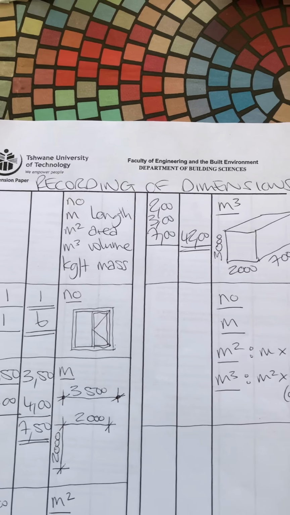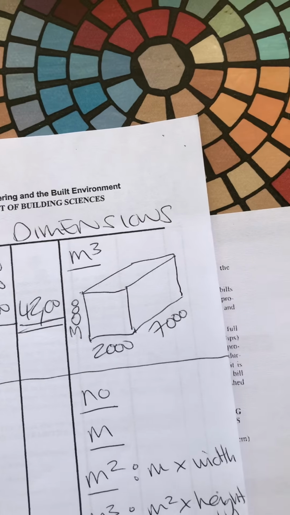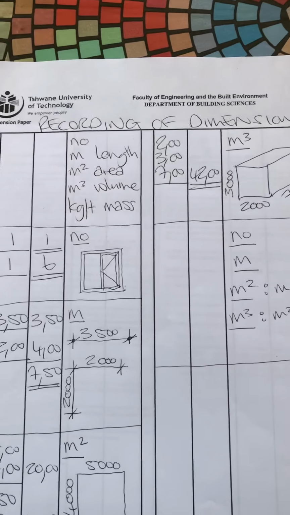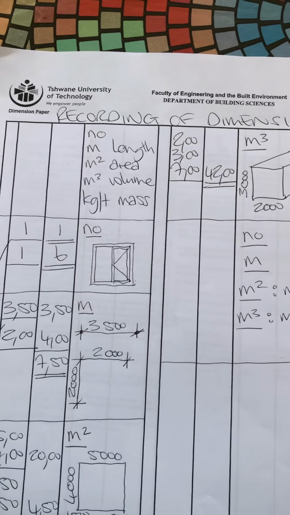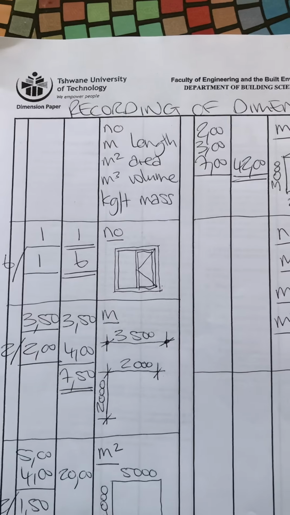Our first video today is going to be on the recording of dimensions. The first thing we have to take into account is that we've got certain units of measurement that building work is measured in.